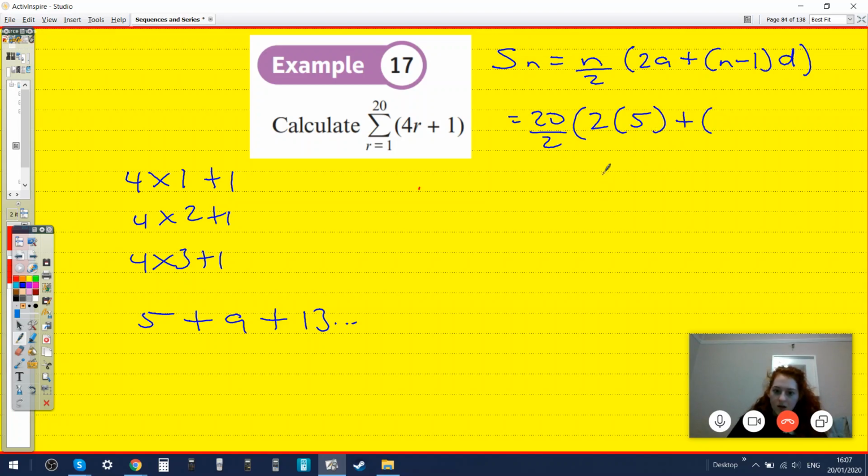And then that'd be 19. Mm-hmm. I'll just put in 20 minus 1 and let the calculator do the work. Okay. And then d. Is that just 4? Yep. So it goes up in 4s.